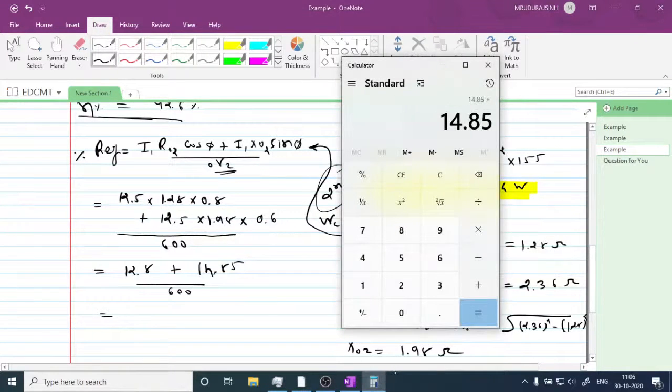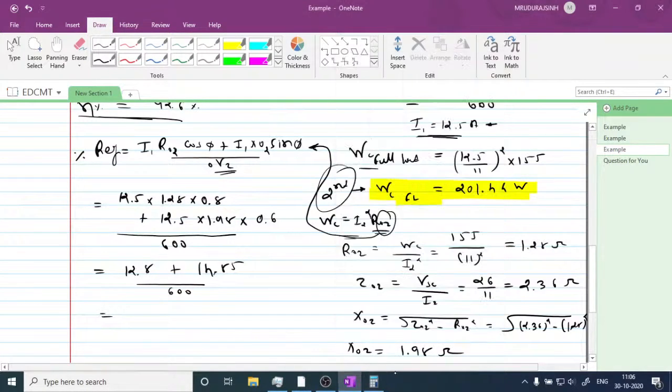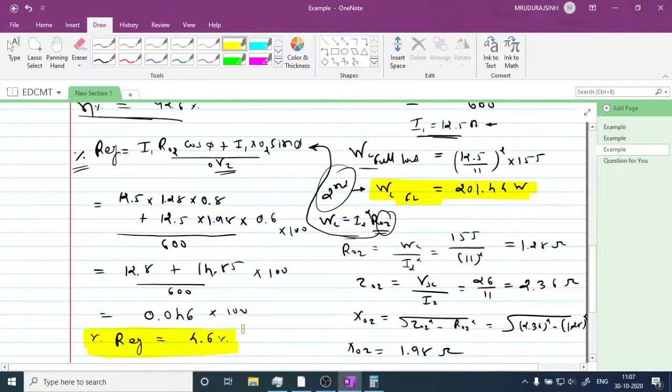So 12.8 divided by 600 gives us 0.046, and as it is percentage regulation, we need to multiply it by 100, and when we do this we will get percentage regulation as 4.6%. So this is how we can calculate the percentage regulation, right?